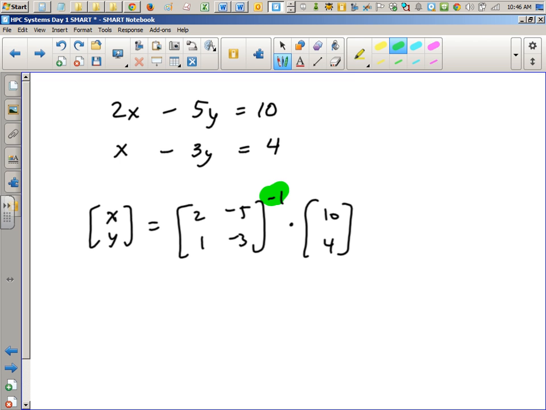So I do have to kind of figure out the inverse matrix real quick, but what you do is you put 1 over the determinant out front. The determinant on this problem is, let's see, negative 6, right? Take away negative 5. That's just negative 1.